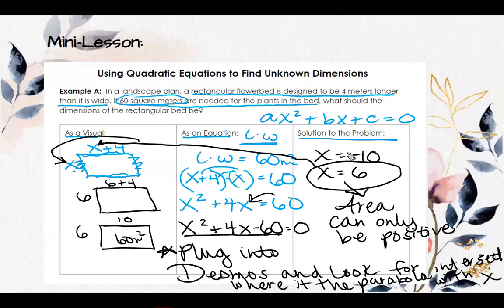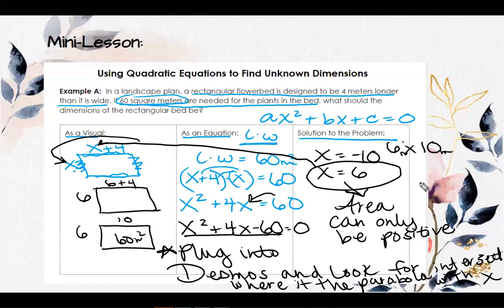Yeah, so when it says what are the dimensions, you would literally put the dimensions are 6 by 10, and those would be meters.